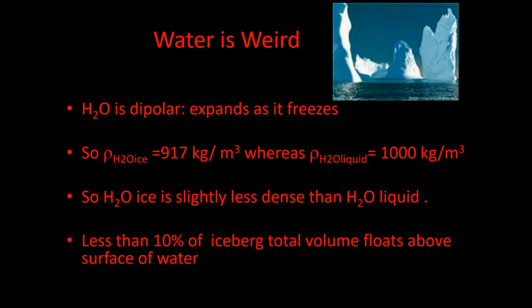That has the odd effect, meaning that the density of water ice is 917 kilograms per cubic meter, whereas the density of liquid water is 1000 kilograms per cubic meter, meaning that water ice is slightly less dense than it is in its liquid phase. That has the odd effect of making the solid float on the surface of the liquid.